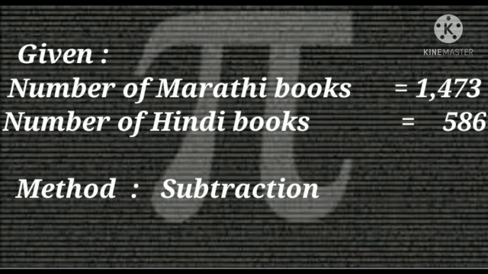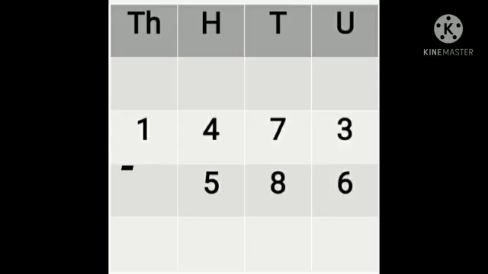Number of Marathi books 1473. Number of Hindi books 586. So Marathi books are more than Hindi books. So to find out the answer, we will use method subtraction. Numbers we will arrange according to the place value.